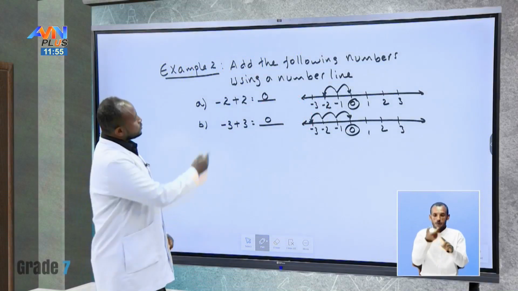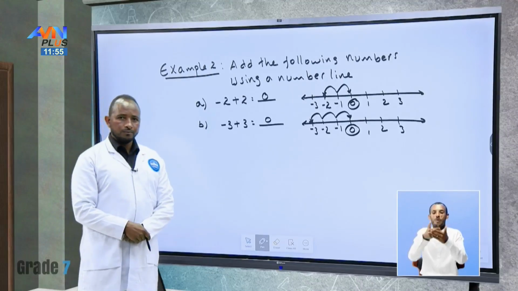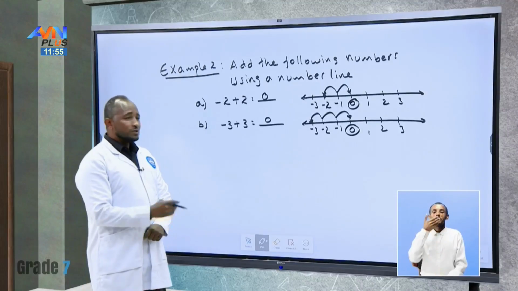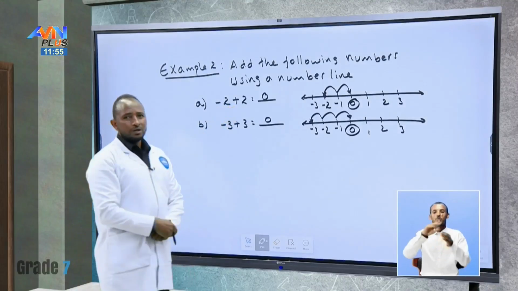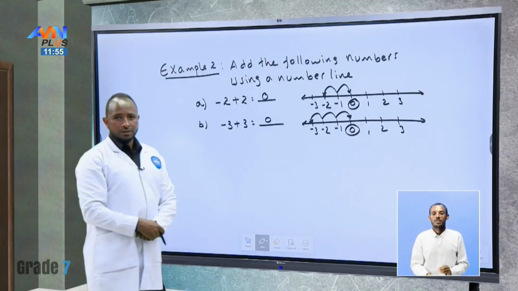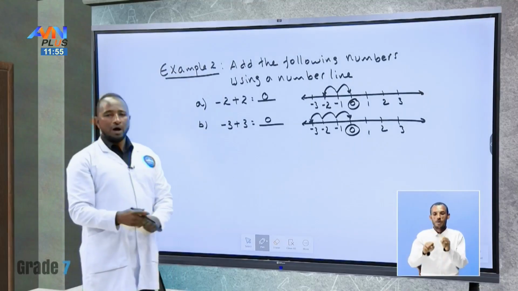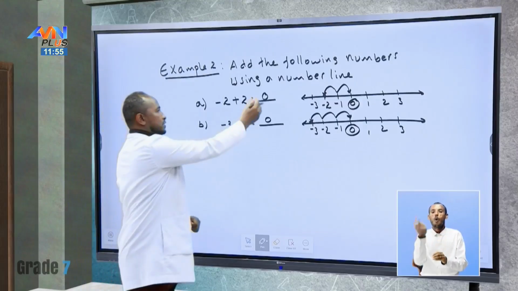So, from these two examples, what do you conclude? Good. From these two examples, as you can see, these two numbers are opposite numbers. Again here, they are opposites. So, when you add two opposite numbers, you always get 0.